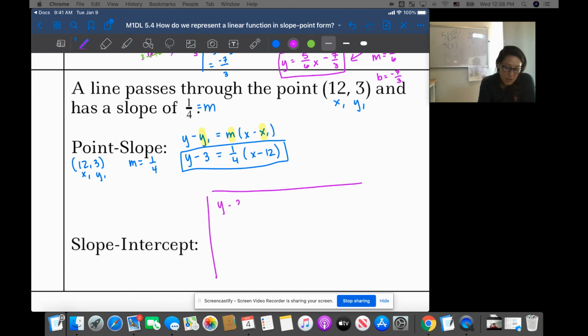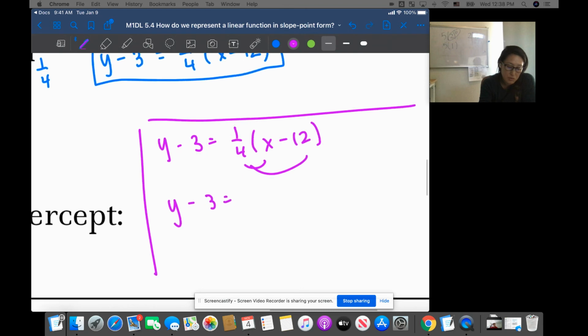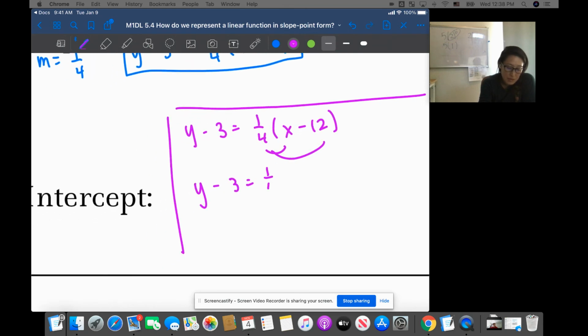So starting in point-slope form, we distribute. So I get y minus 3 is equal to 1/4 x, and then 1/4 times -12 over 1. And I can see that you can divide out a 4 from each of these terms.